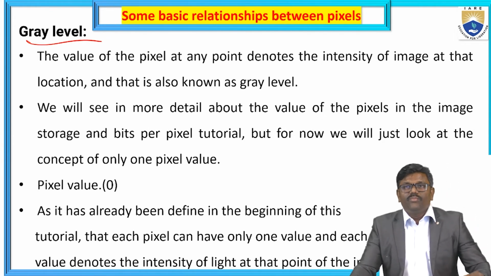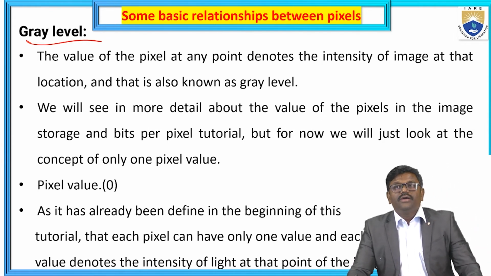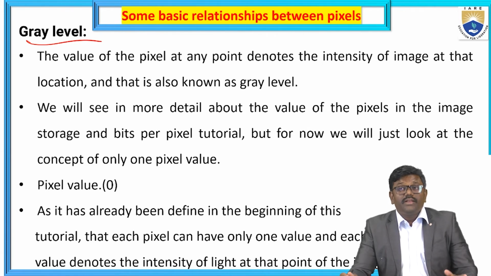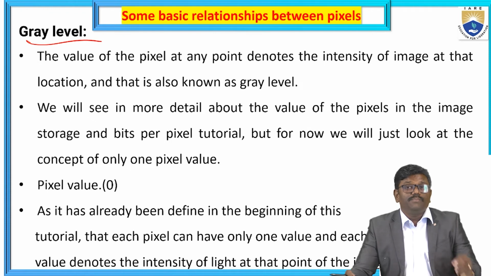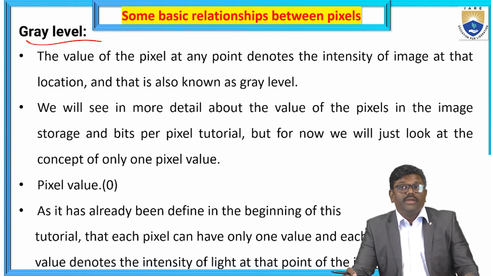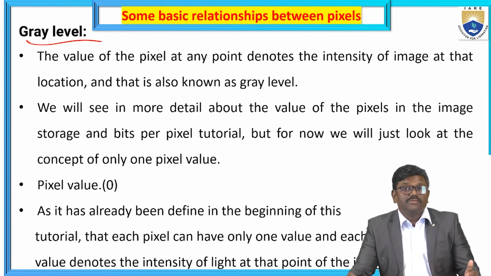We will see in more detail about the value of the pixels in the image storage and bits per pixel tutorial, but for now we will just look at the concept of only one pixel value, that we may define pixel value as a 0 or pixel value as a 1.